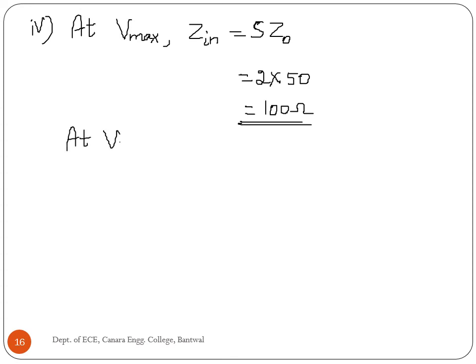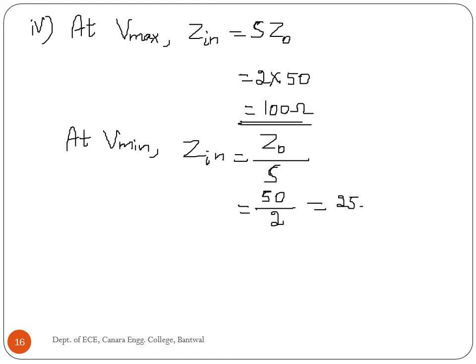At V minimum, impedance is equal to characteristic impedance divided by standing wave ratio, which is equal to 50 divided by 2, is equal to 25 ohm.